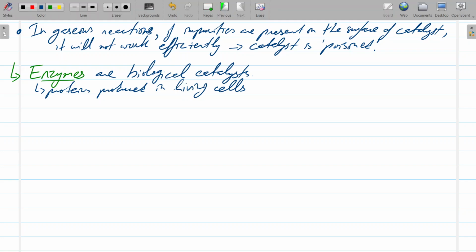And I do believe the mention of amino acids and proteins will come up later on in organic chemistry. And they speed up, in fact, almost all reactions taking place inside living cells are catalyzed by enzymes.